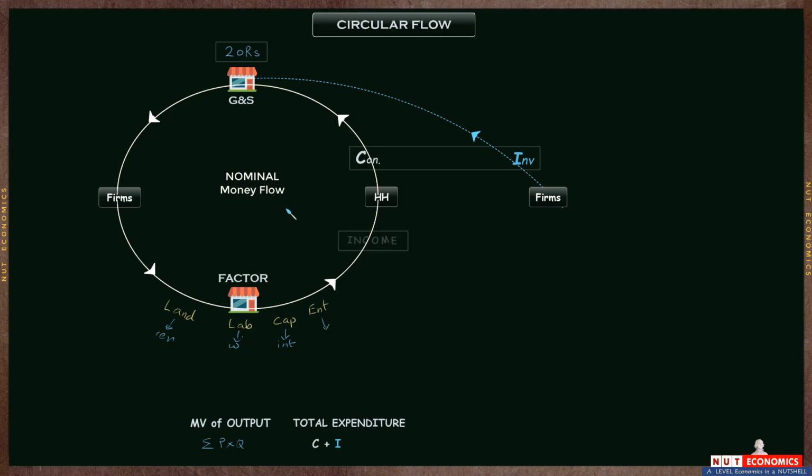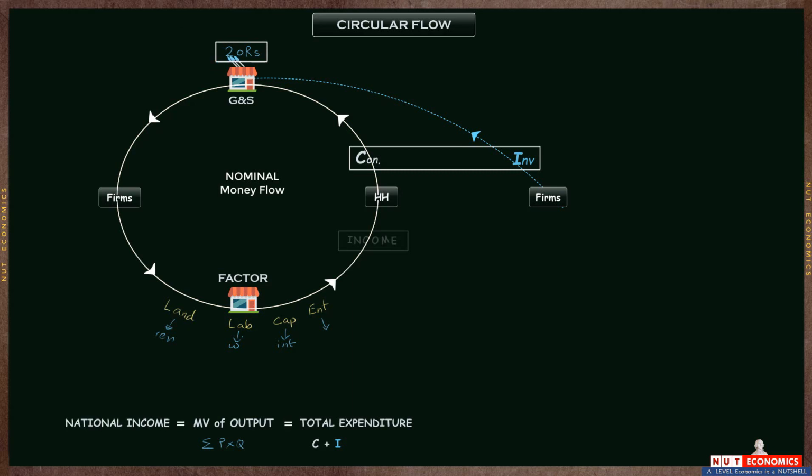And that insight is that in this macroeconomy, when it is in an equilibrium, a macroequilibrium simply meaning that the total amount of output that these firms have decided to produce is exactly the same as the total amount of output that these two sectors want to buy, then in this macroequilibrium, this analysis of nominal money flows is telling us that the total spending, the C plus I, will be first of all equal to the value of that country's output, and in turn it will also be equal to the total national income.